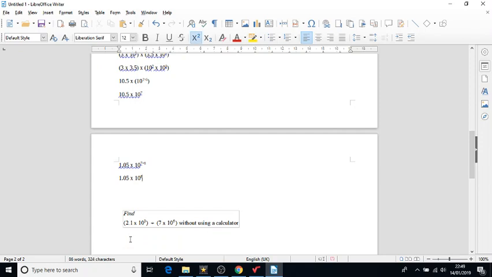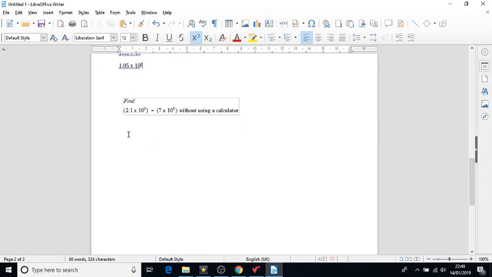Let's bring this next question up a bit closer. Let's move on to the next question. And last but not least, find (2.1 multiplied by 10 to the power of 3) divided by (7 multiplied by 10 to the power of 6) without using a calculator.